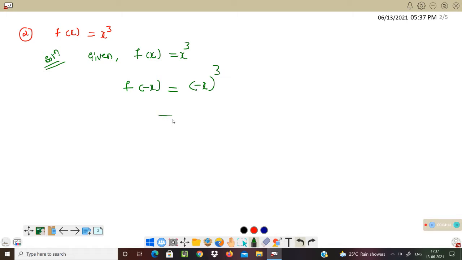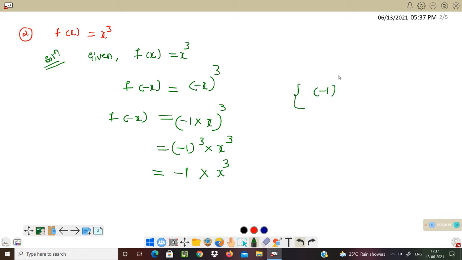This is f of minus x, and here minus x whole cube means minus 1 cubed into x cube. If you know it, you can write it directly. Otherwise, what is minus 1 cubed?